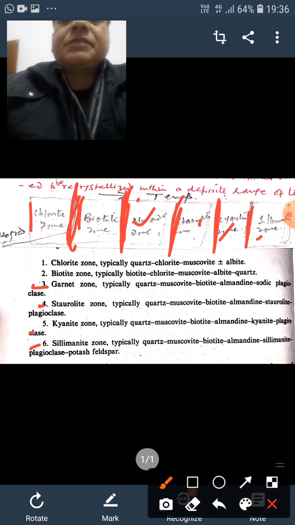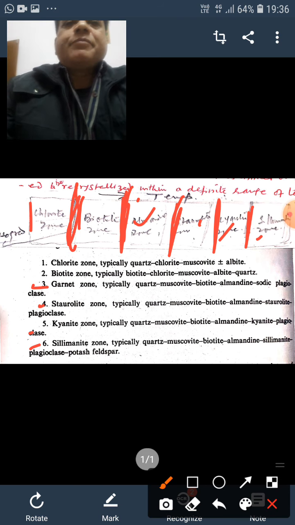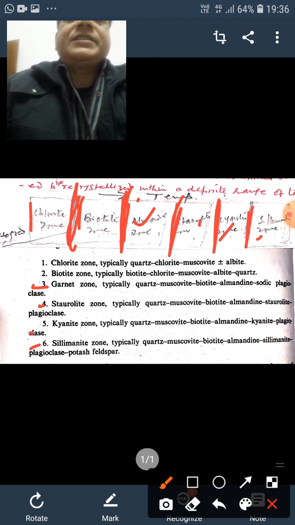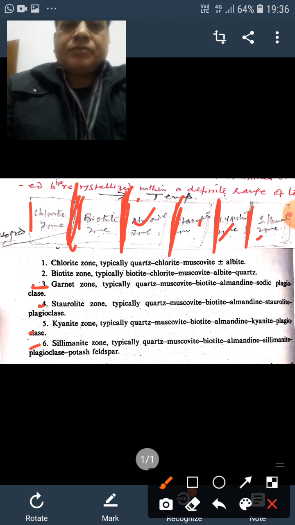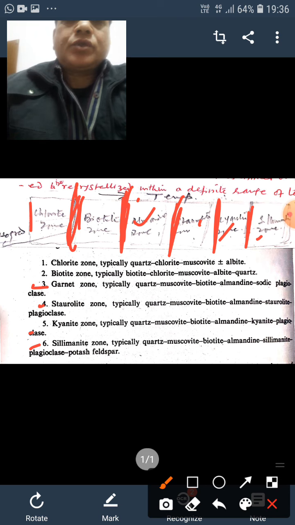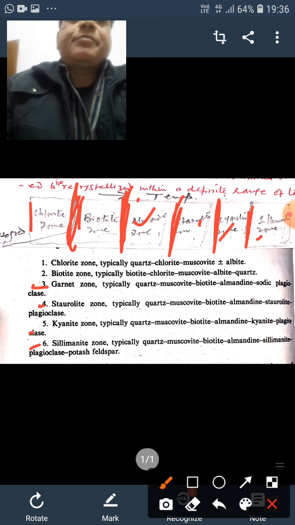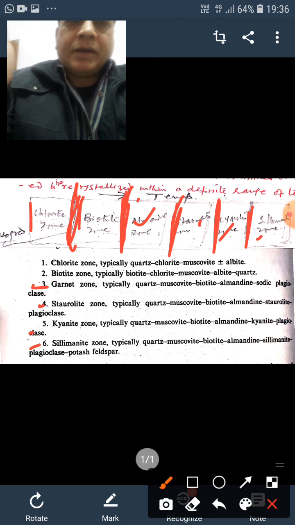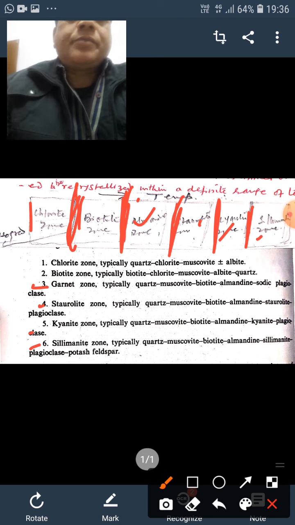The first appearance of a particular mineral is the isograde, and between two isograds is a zone. With low temperature, the chlorite zone, then the first appearance of biotite will be the biotite isograde, and the zone between the almandine and biotite isograde will be the biotite zone.